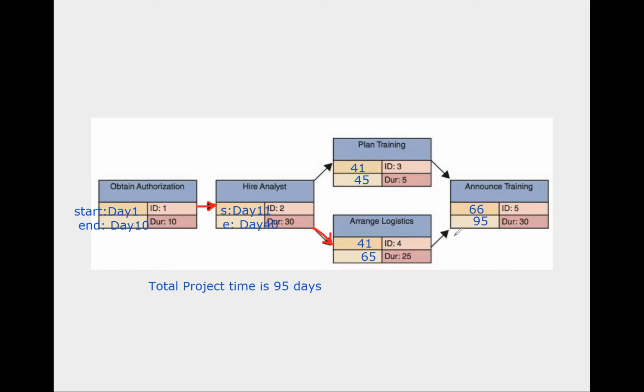So if it is 65, then this will start with 66. So the critical path is here. What do you mean by critical? You should not have any delays in this path.